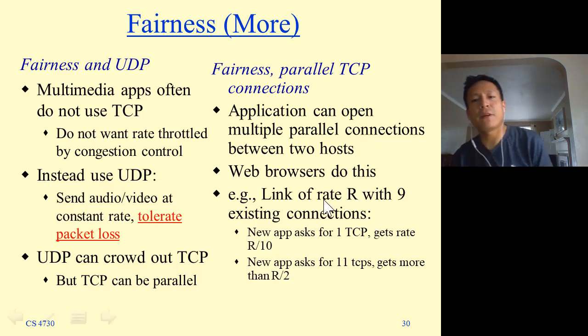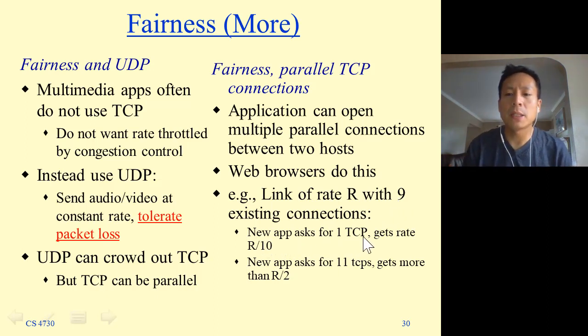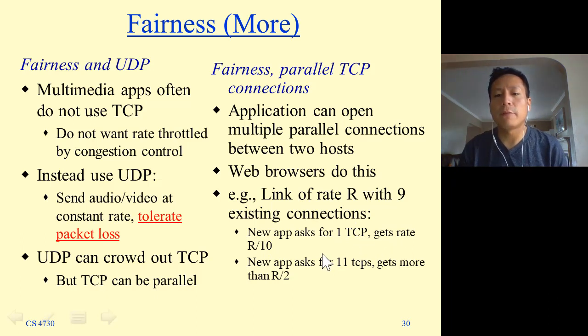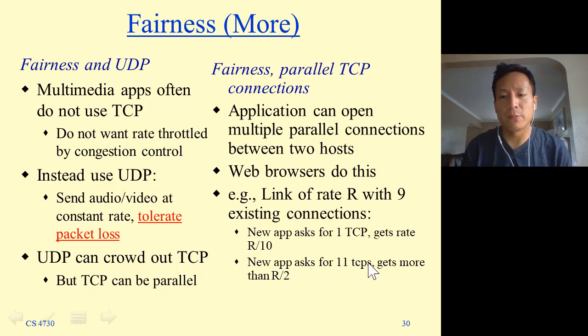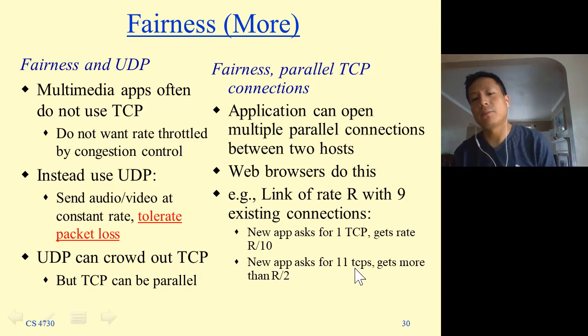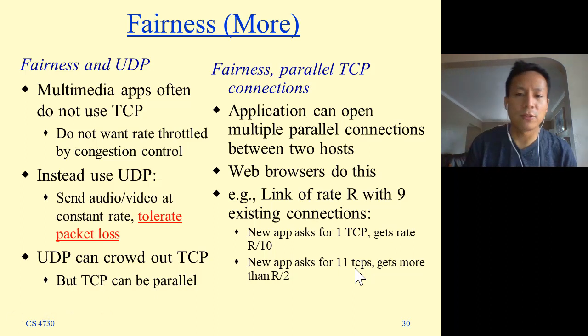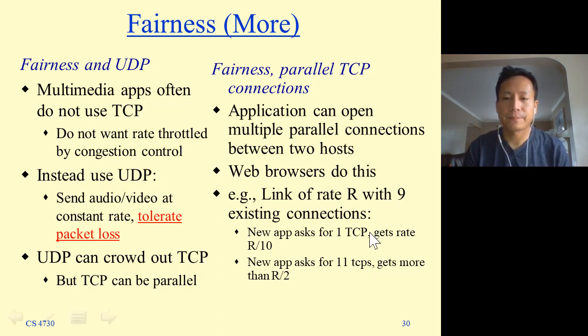Say you have a link of rate R and 9 existing connections. A new application that asks for 1 TCP connection will get a rate of R over 10. But if a new application asks for 11 parallel TCP connections, it will get more than half, right? So you can establish more TCP connections and get more share. Make sense?